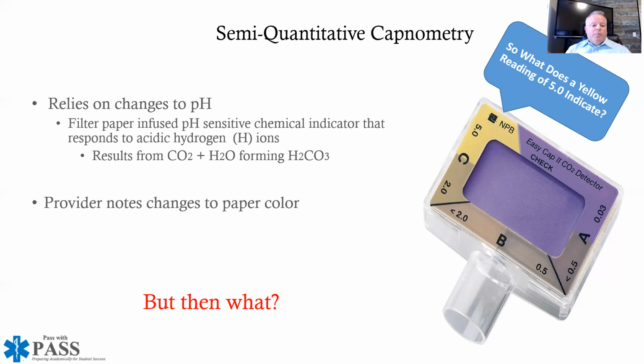The filter paper is infused with a pH sensitive chemical indicator that responds to acidic hydrogen ions during the exhalation. This results from a couple of things, and I'm not going to get into a chemistry lesson, but I do want to show you this. It results from CO2 and H2O forming H2CO3, which is carbonic acid.